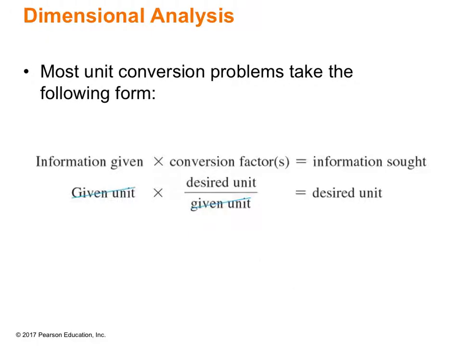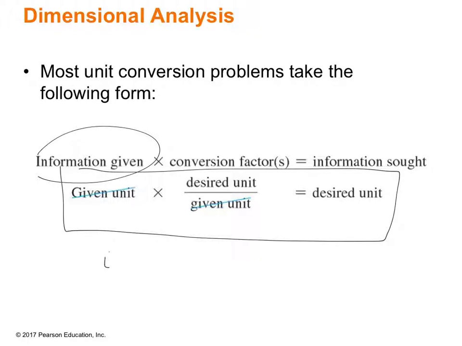Here's kind of a skeleton template for you to use. You will always start with the information given to you in the problem. So let's say you're given a certain amount of inches in a problem, and asked to convert to centimeters. So you will start with the inches given you in the problem. Then you will find your conversion factor.